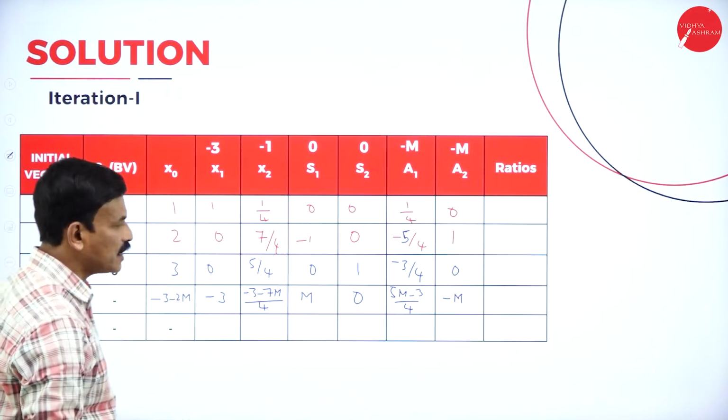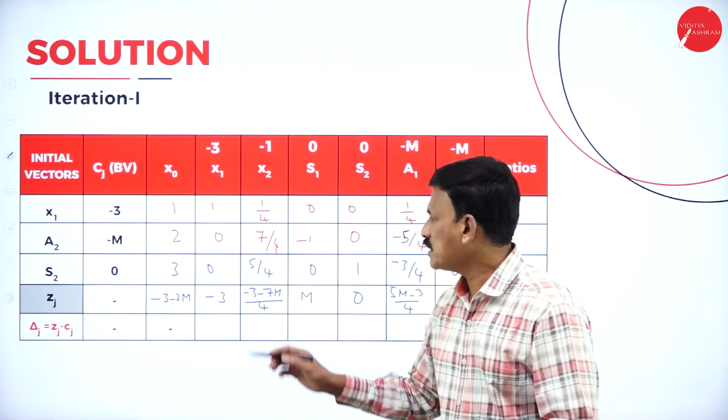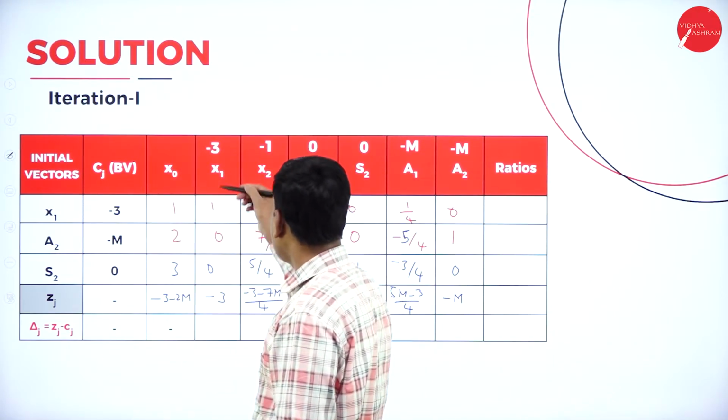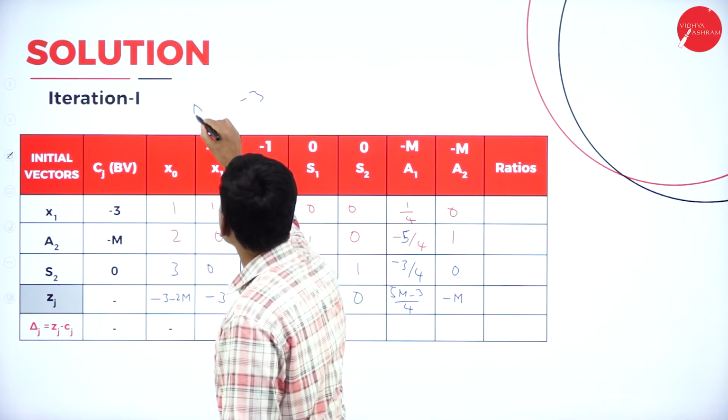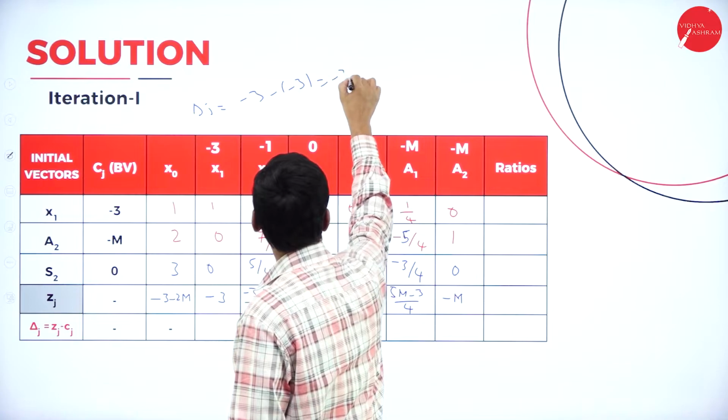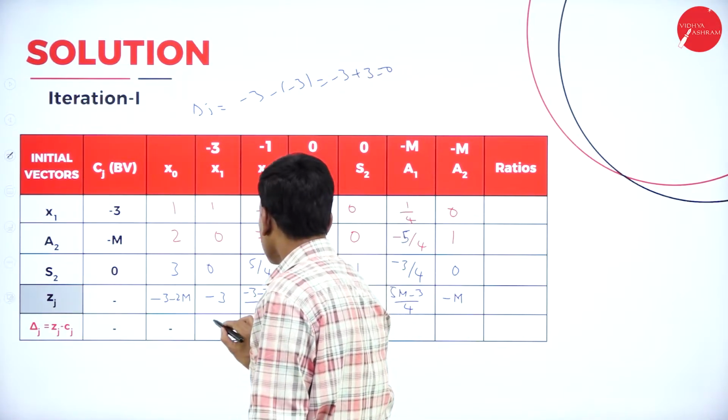Now find out delta j. Delta j is nothing but Zj minus Cj. Now this is minus 3 minus of minus 3, minus 3 plus 3, this is equal to 0.